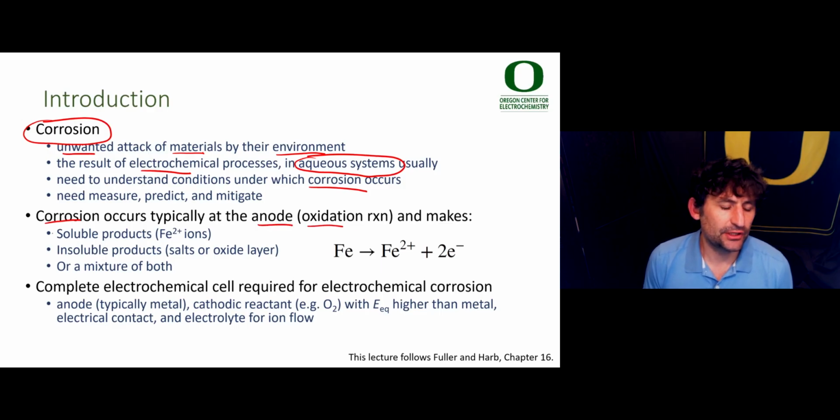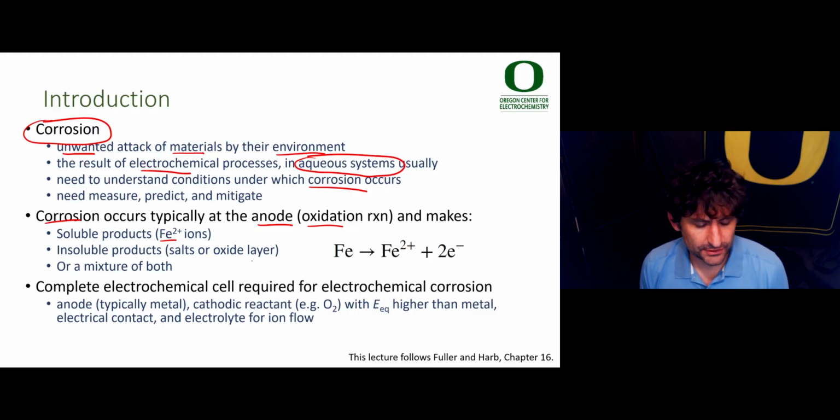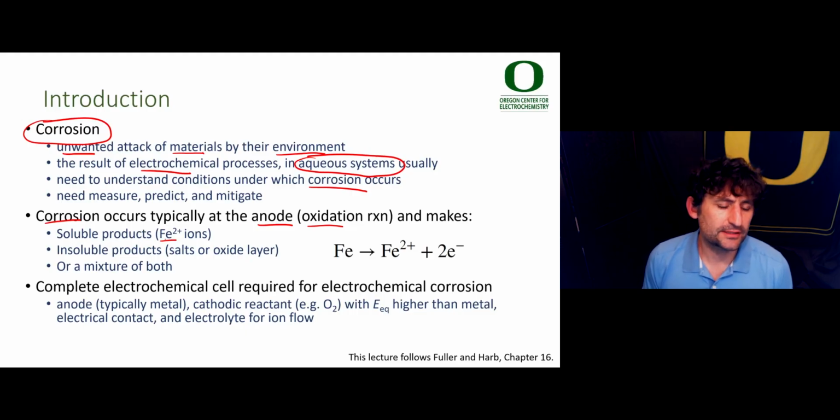For example, in the oxidation of iron metal, the corrosion of iron to make rust, you have soluble iron 2+ ions that are formed. And the electrons that used to be on the iron metal, of course, go to reduce oxygen. In this case, it leads to largely insoluble products, for example, salts or an oxide layer, or you can get a mixture of both.